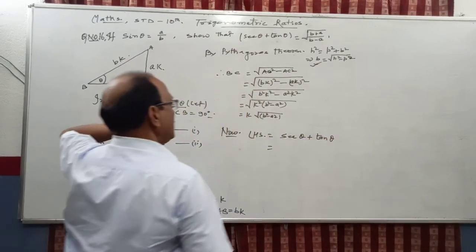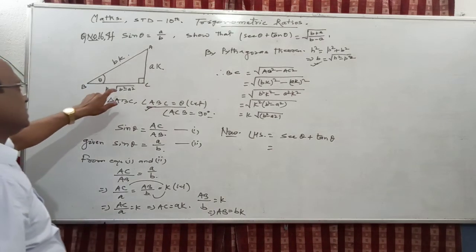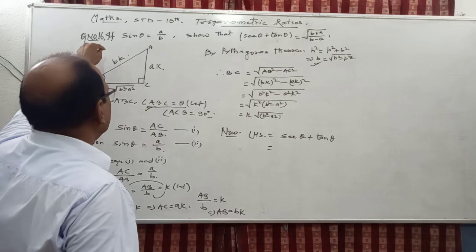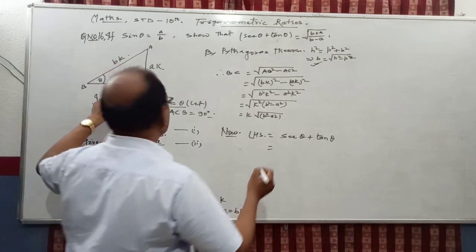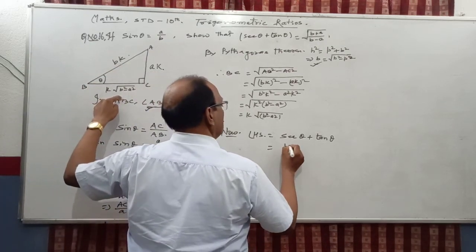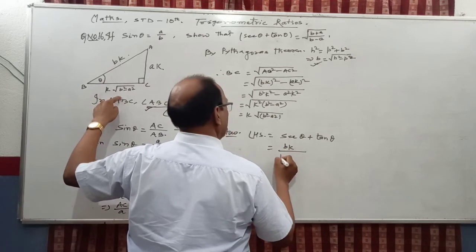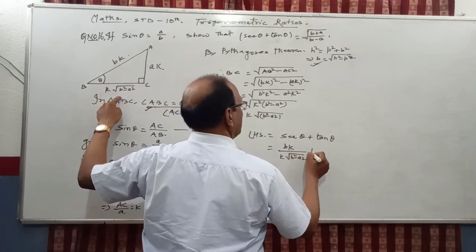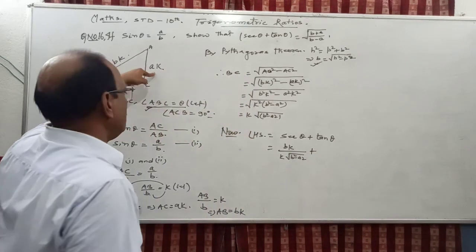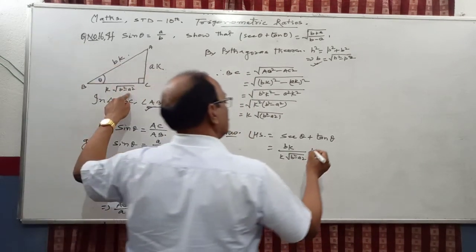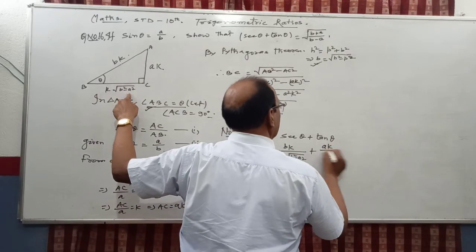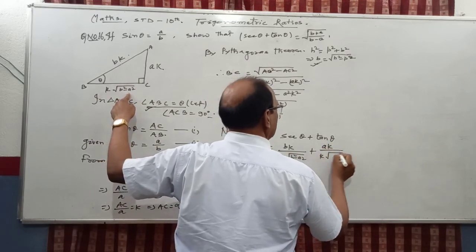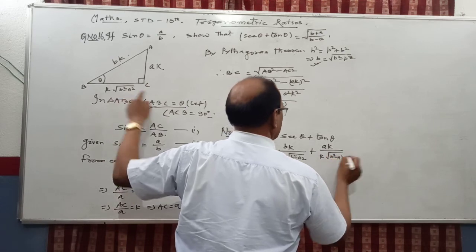Sec theta is the reciprocal of cos, that is H by B. So we write here BK divided by K under root B square minus A square, plus tan theta, P by B. So it is AK divided by again K under root B square minus A square.